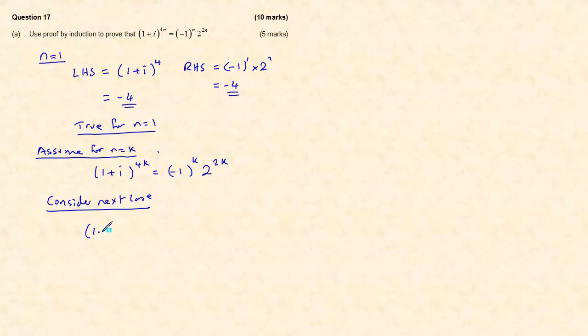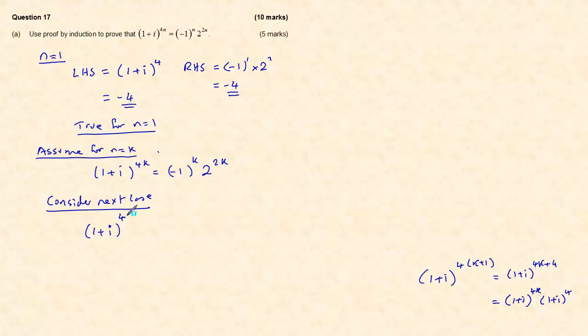So we want (1 + i)^(4k+4), which we could write as (1 + i)^(4k) times (1 + i)^4.